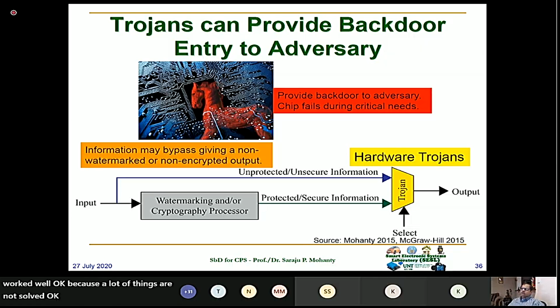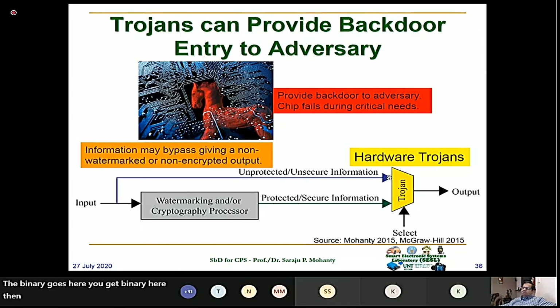For example, hardware Trojan. I presented this diagram in my book in 2015, a very simple diagram. You are happy: you have a cryptographic chip or a watermarking chip for different applications. But what happens? Let's say you think your data is here, and you get the binary here.